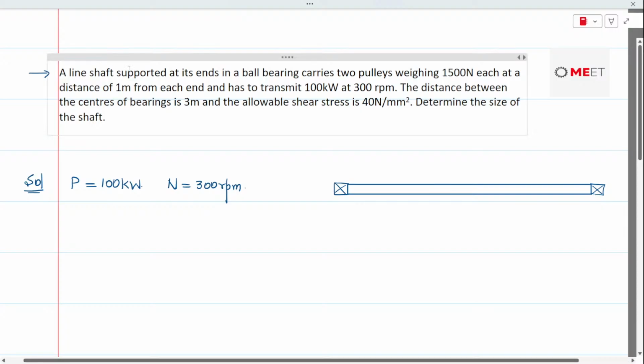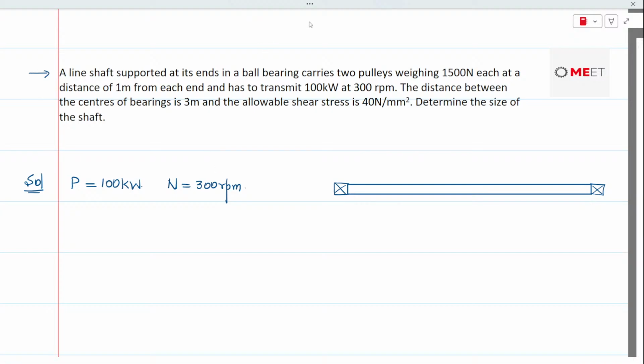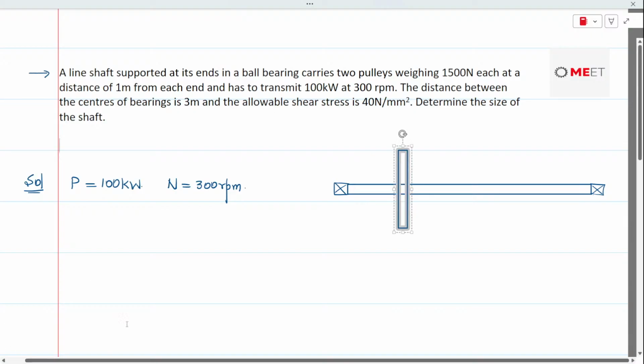At a distance of 1 meter from each support, the shaft is carrying pulleys, and those pulleys have a weight of 1500 newtons. So this is one pulley from the left support, and in the same way on the right support I need to mount the pulley.